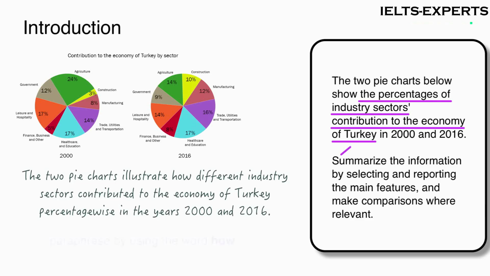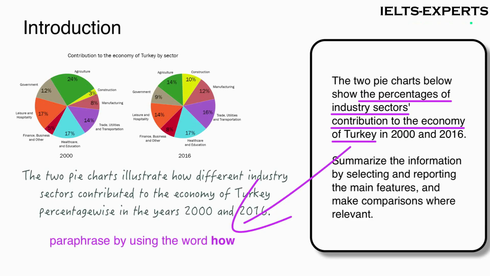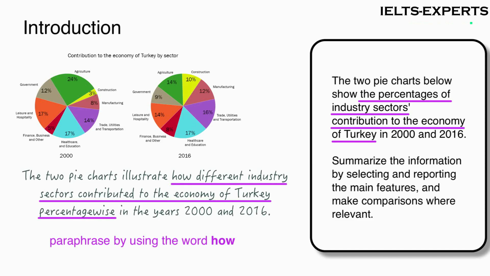I decided to paraphrase it by using the word how. And that's what I've got. How different industry sectors contributed to the economy of Turkey percentage-wise. The word percentage-wise means in terms of percentages. You can see that I used a very nice technique.